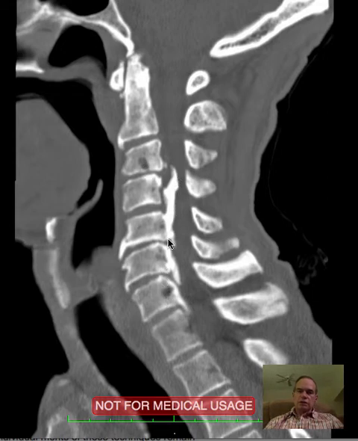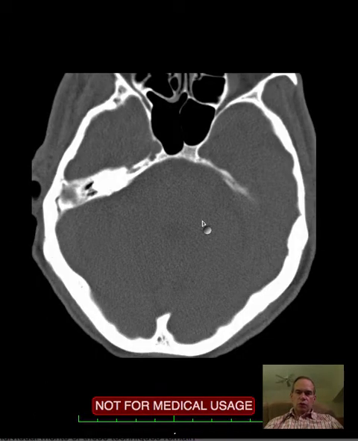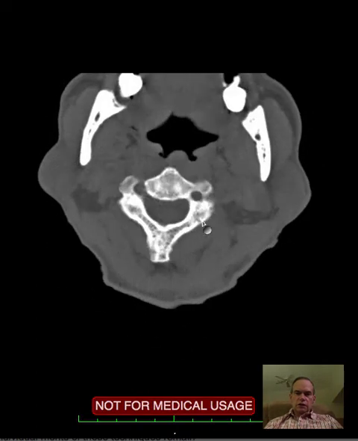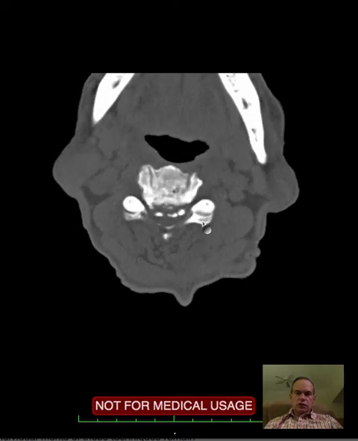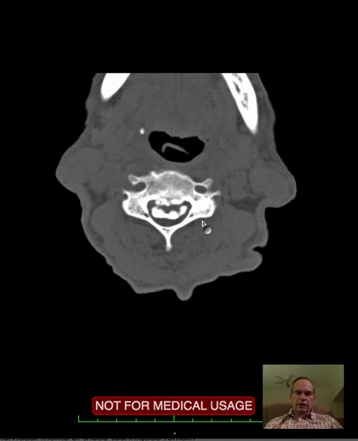But this is classic for OPLL, ossification of the posterior longitudinal ligament, and as you can see, you get a hint that this is really narrowing the cervical canal considerably and likely compressing the cord, and that becomes much more apparent on the axial images. Here we are now getting down to that level.